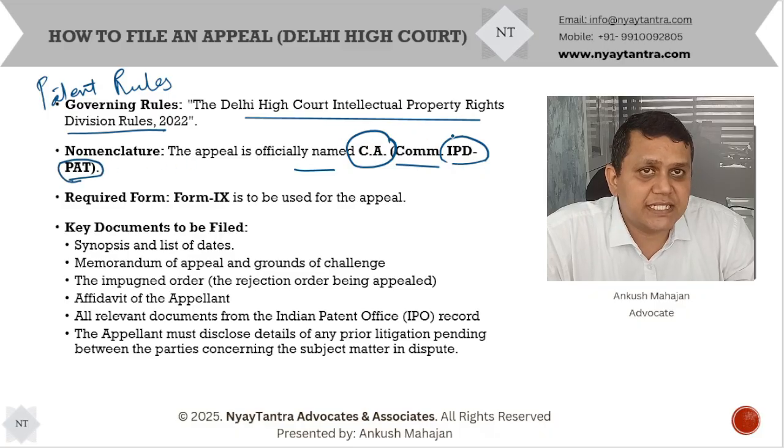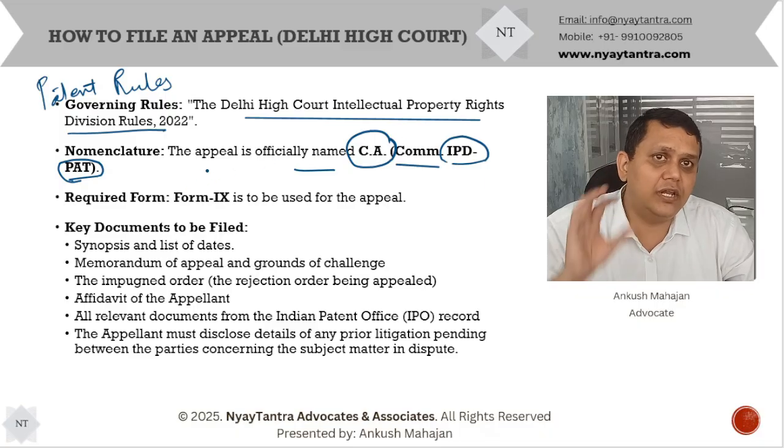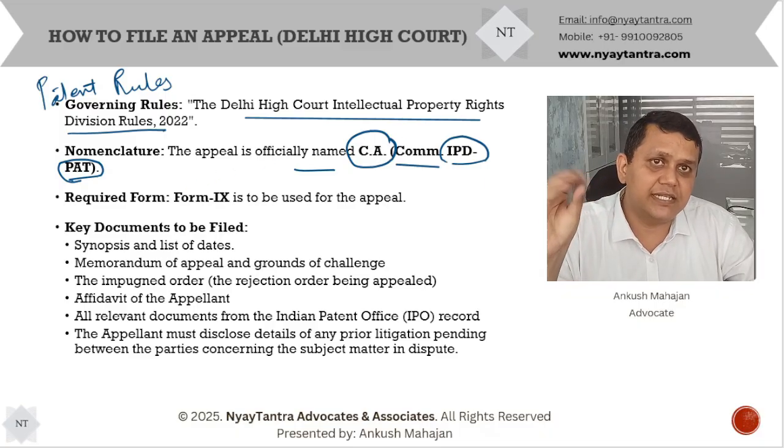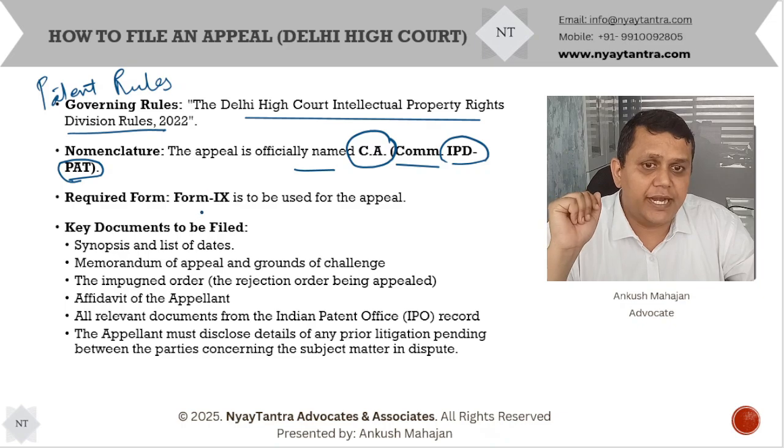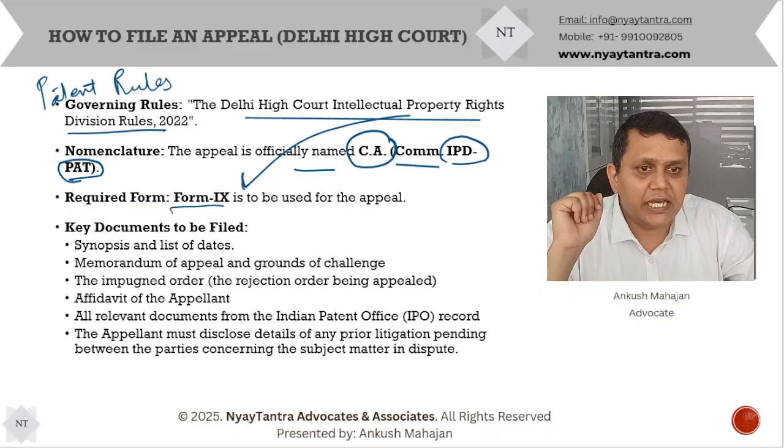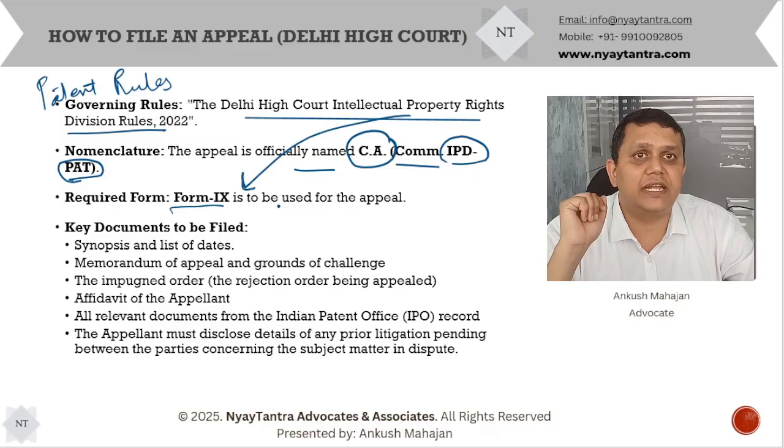So it's a civil appeal in a commercial matter which is a part of the intellectual property division, and it's a patent matter. So CA, Com, IPD, PAT, all appeals are given this number, right? You are required to file a form 9 which is given by the Delhi High Court IPD Rules 2022. This is needed to file an appeal.